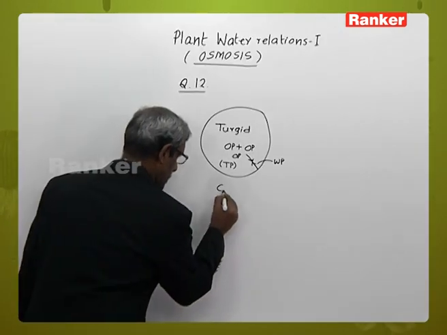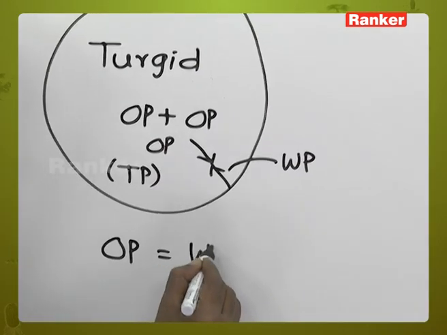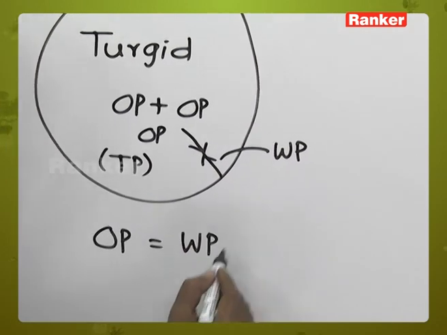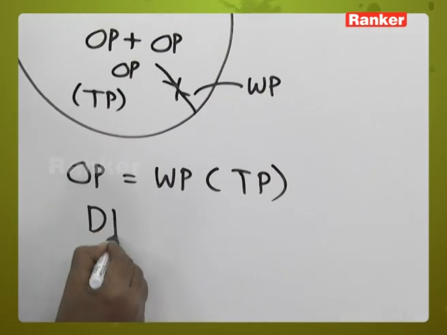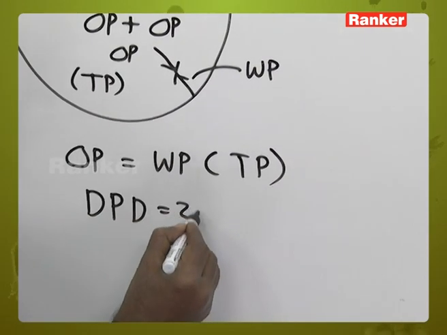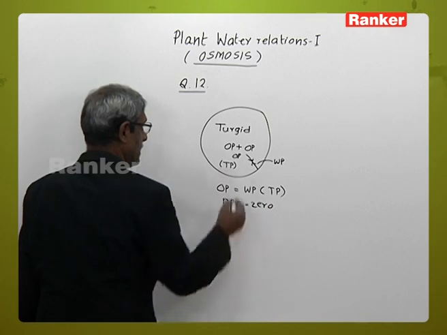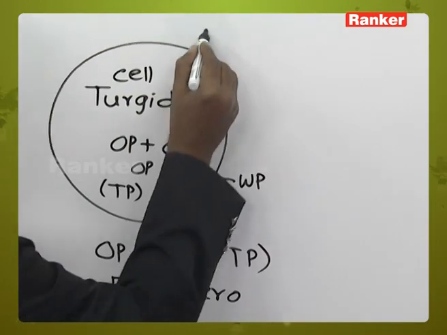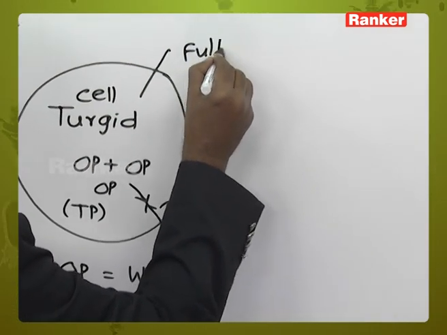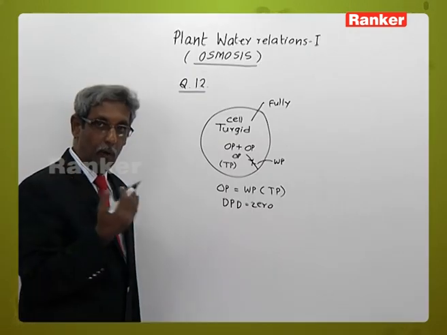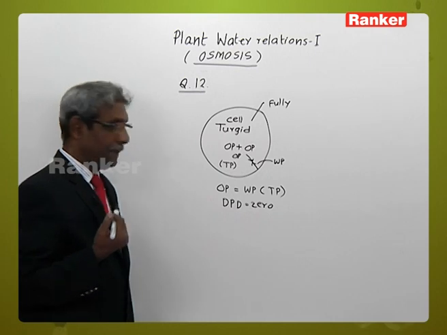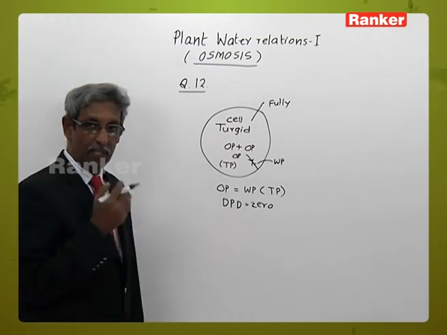When osmotic pressure is equal to wall pressure, or wall pressure is equal to turgor pressure, under these conditions the diffusion pressure deficit becomes 0. That means the cell is fully turgid. When the cell is fully turgid, water will not enter or leave the system. Thereby, it is said to be a turgid cell.